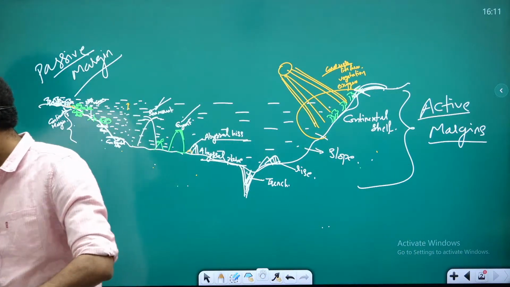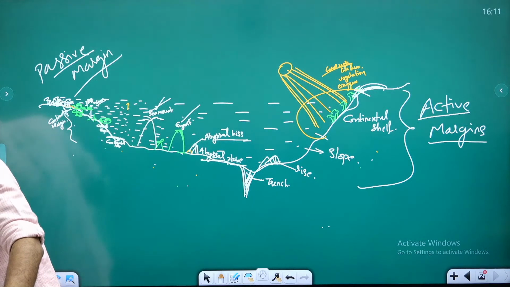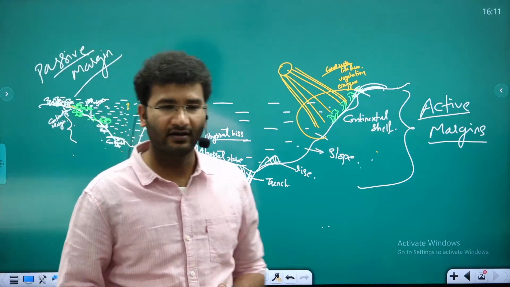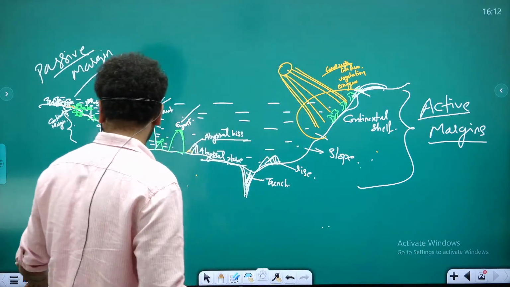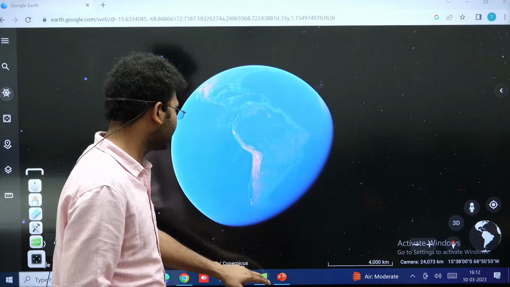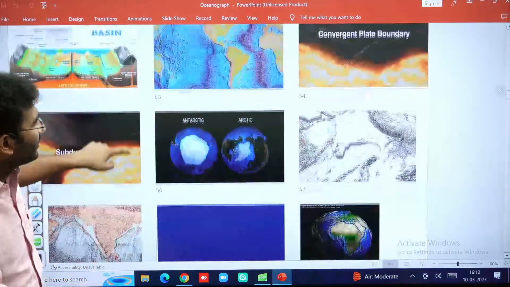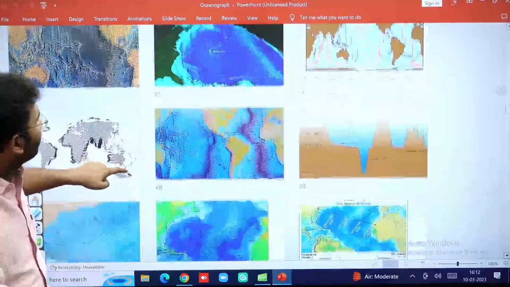Sir, what are the major reasons why the continental rise height increases? So, Sumant Kumar has a doubt. See, firstly, let me show you a continental rise, how exactly it looks.